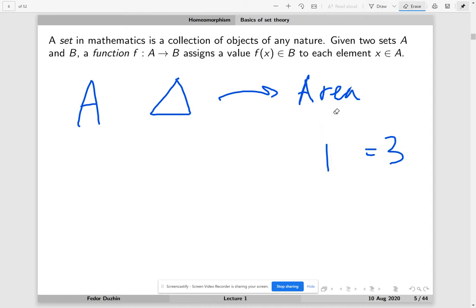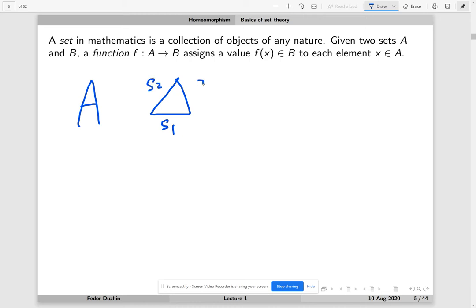Okay, so it is important that our function assigns a unique value f of x to every element of A, right? So if we have a triangle, we say, I don't know, side lengths S1, S2, S3, right?